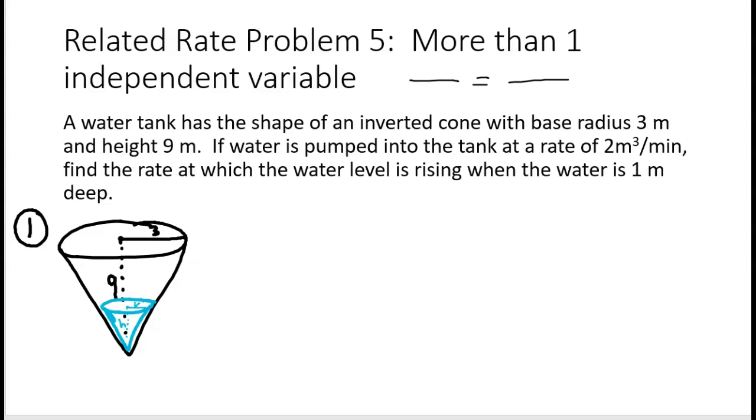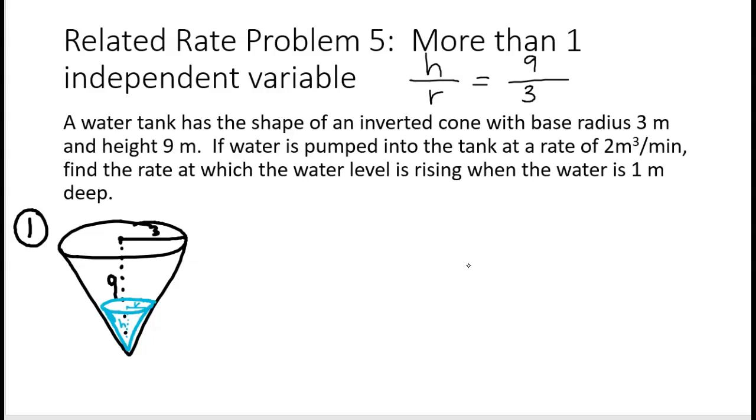Pause the video here, and when you unpause it, you'll see the solution. Now, you might have set your ratio up like this, or you might have done the opposite, which is this. Now, either way, it's fine. But the way that I have it set up, just because I've done this problem a few times, I already know that the one on top is going to work out better. So let's go with the one that I have there.